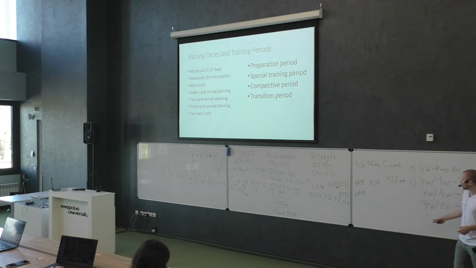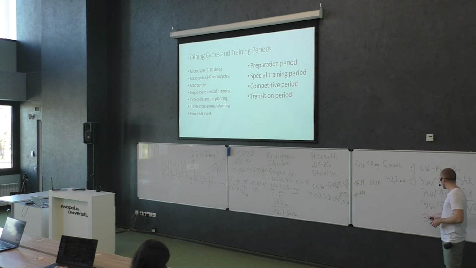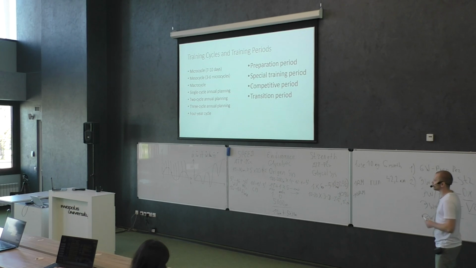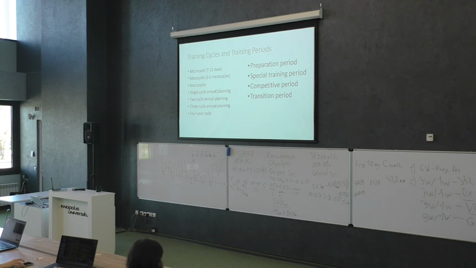And then in the last mesocycle, we can improve, for example, the glycolytic system, to improve your ability to finish at the end of the marathon. Looks good or not? I think yes. Thank you.